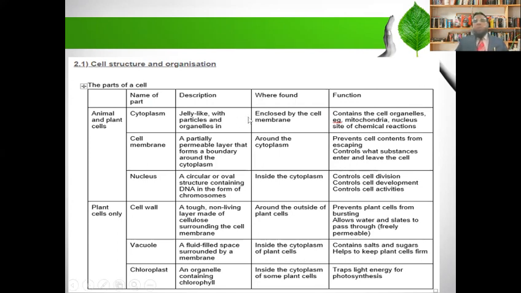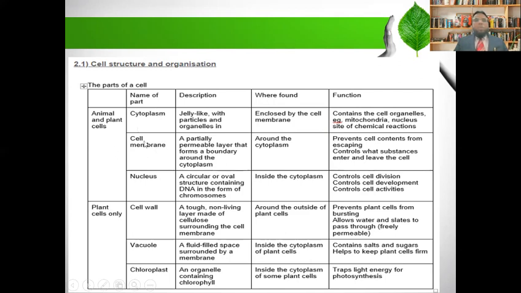And what is its function? It contains so many organelles, for example, mitochondria, nucleus, and it is also the site of all sorts of chemical reactions. Either protein is synthesized, and some other important compounds are made in the cells. So all processes are going on in the cytoplasm.